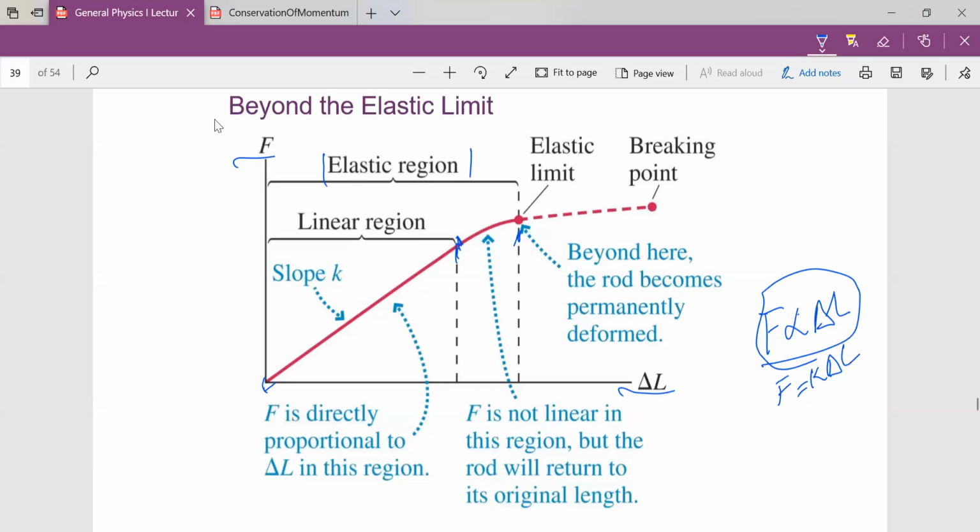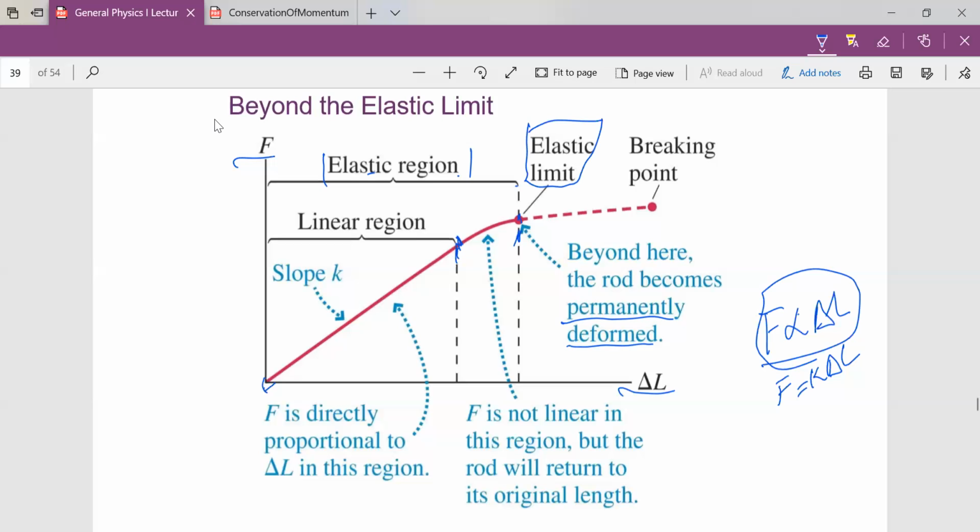Beyond this region, that object is going to be permanently deformed. It can no longer go back to its original state. So the end of that elastic region is what we call the elastic limit. Once it goes beyond the elastic limit, it has entered the breaking point.